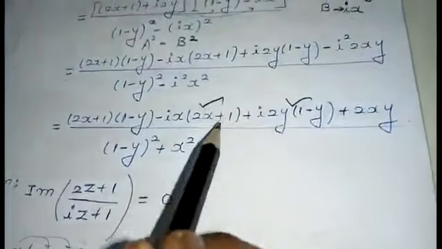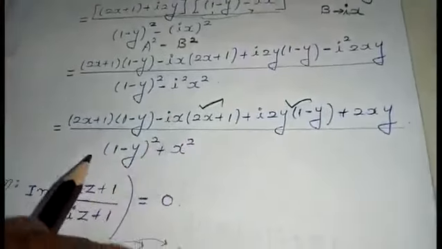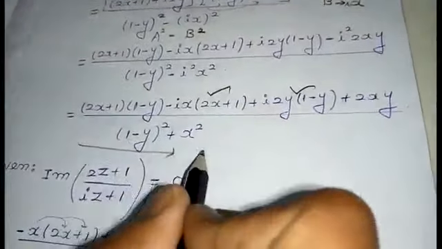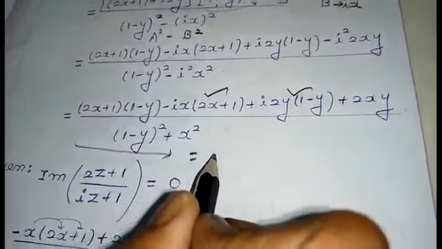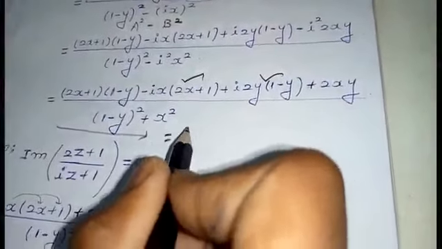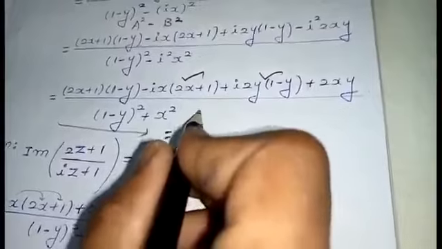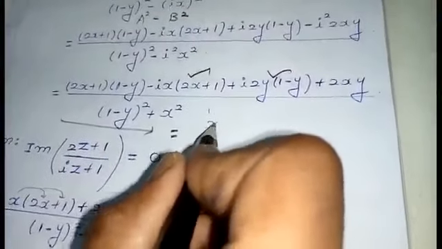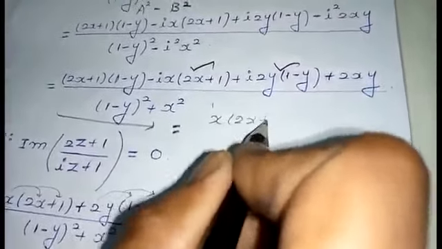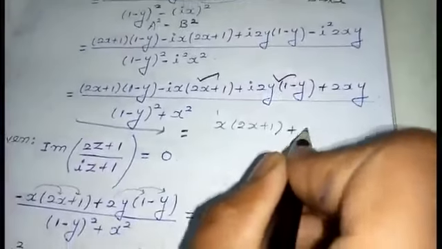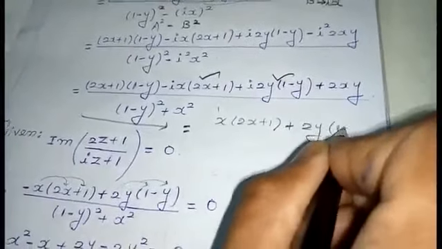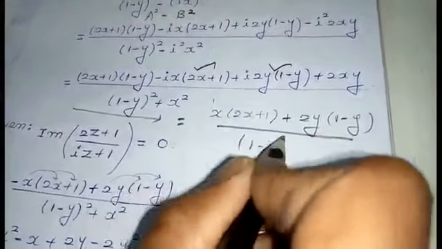That is the term with i. Again, I will do one more step here. If I take the imaginary part alone, it is x into 2x plus 1 plus 2y into 1 minus y, divided by the denominator, 1 minus y the whole square plus x square.